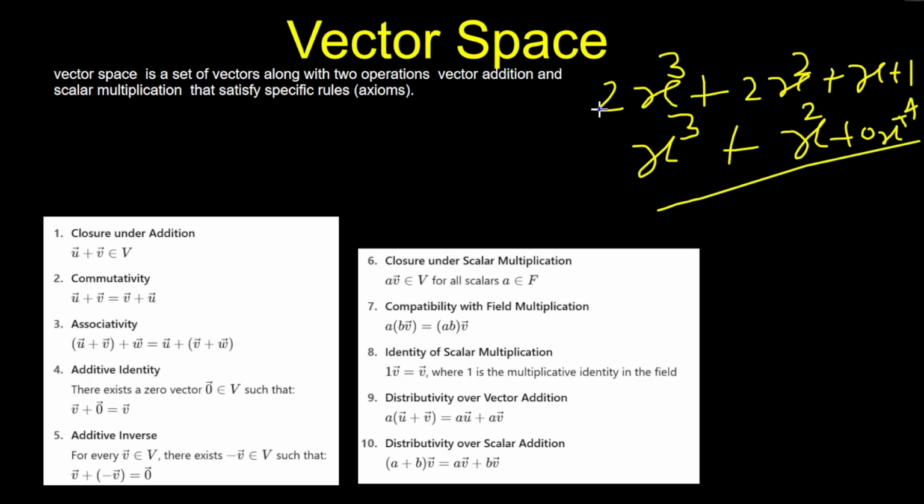So when we add this, we have 3x cube and 3x square and x and 5.